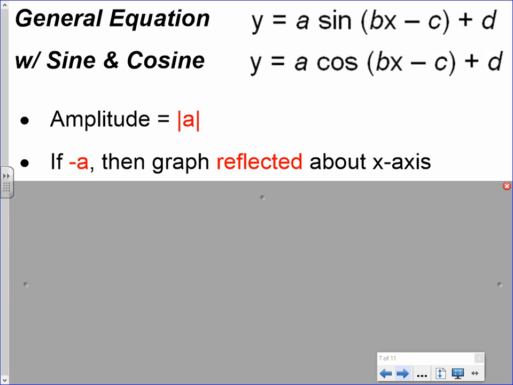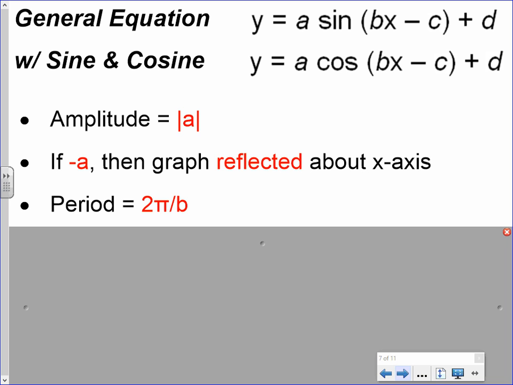I got really excited about B. If B is not 1, then to calculate the period, we're going to take 2 pi divided by B. 2 pi divided by B will take into account the horizontal stretch or shrink and help us find our new period.